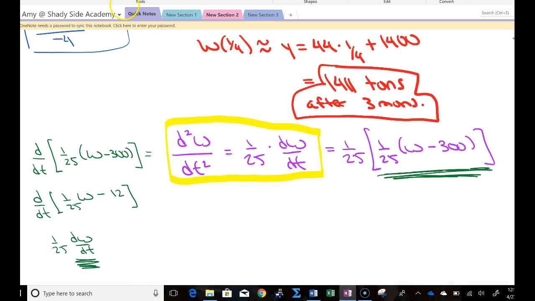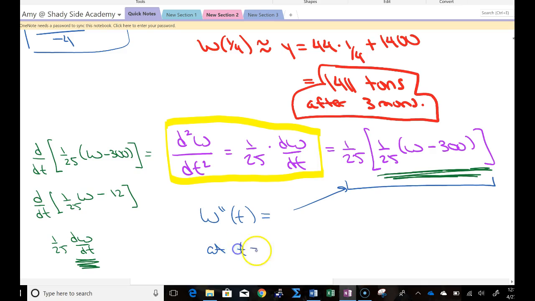W prime of t equals, oh, right here, it equals that. But at t equals 0, W prime of t equals 1/25th times 1/25th times, what's W?